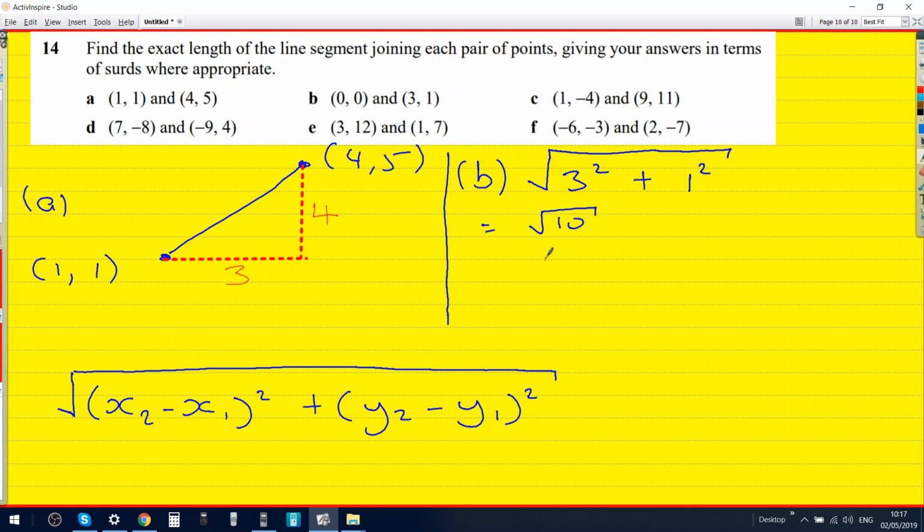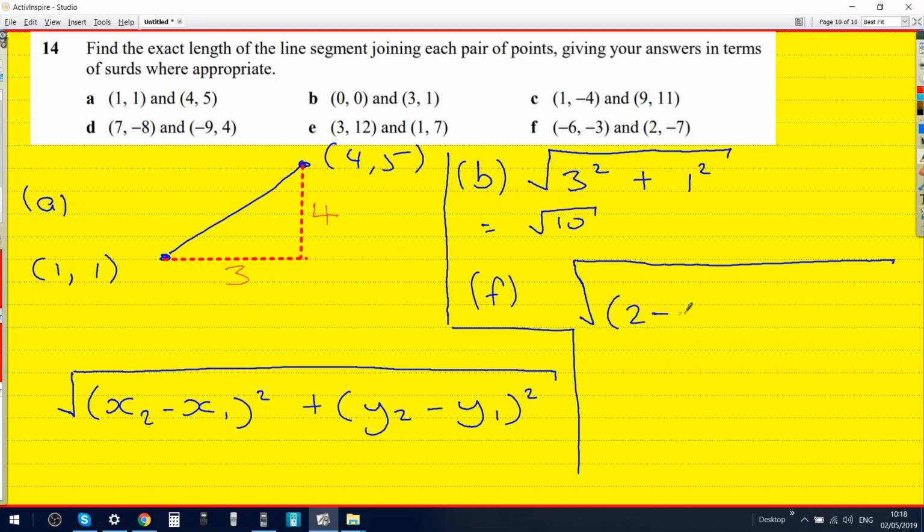Shall we just do the very last one? Yeah. Let's do the very last one. Minus 2 minus, oh no, sorry. What am I doing?